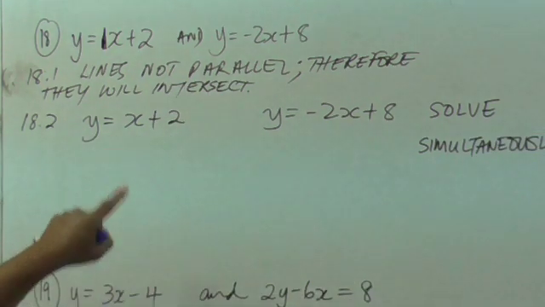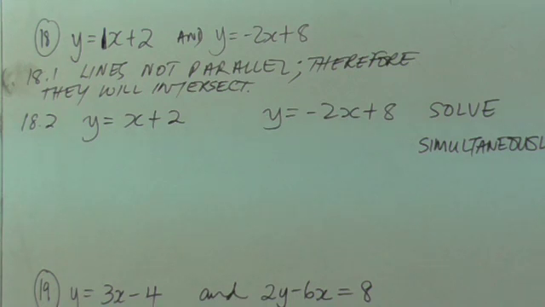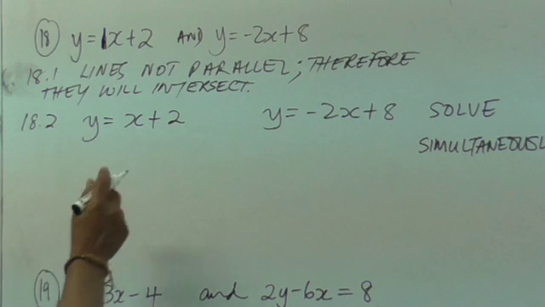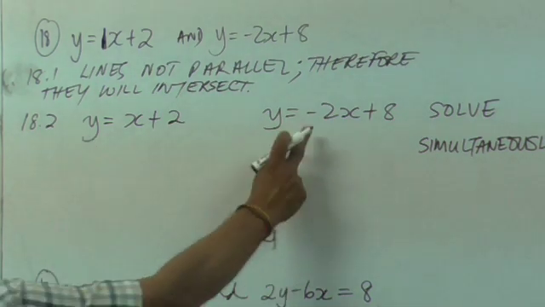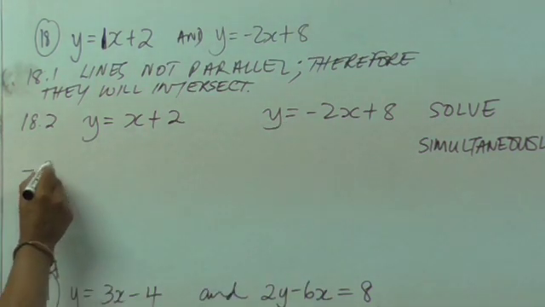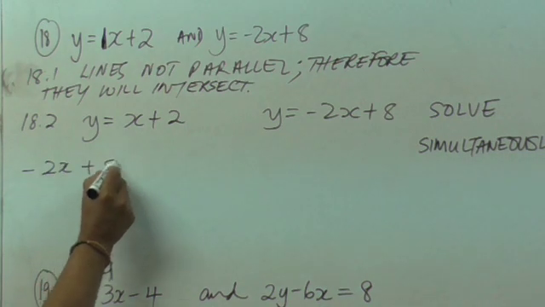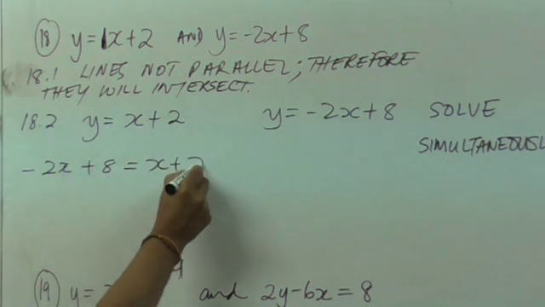That's all you must do. Solve simultaneously. So, if you try to solve these two simultaneously, then you can see that this y will be replaced by that. So, minus 2x plus 8 is equal to x plus 2.